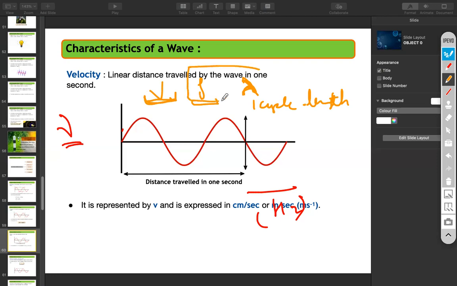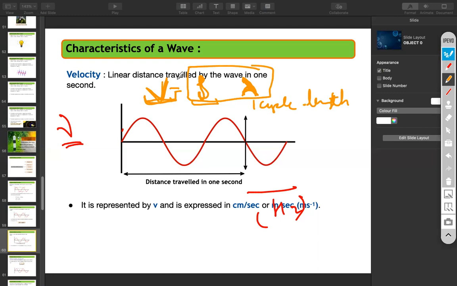Can I say that lambda is 1 cycle length, and frequency means how many cycles per second? So because they both are talking about 1 second, can I say that 5 lambda will be the velocity?